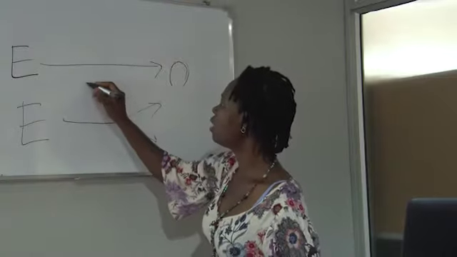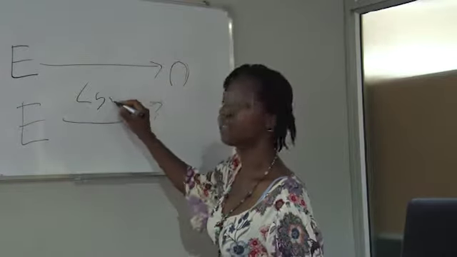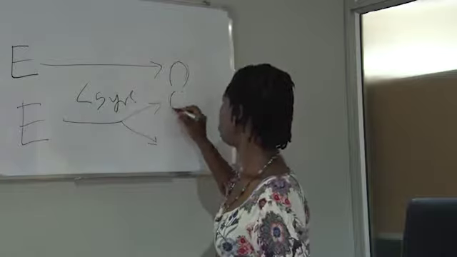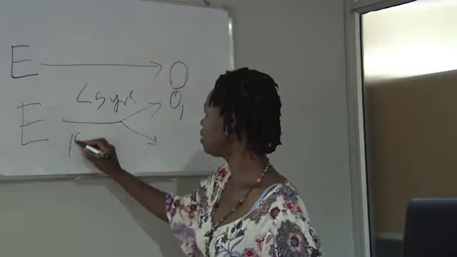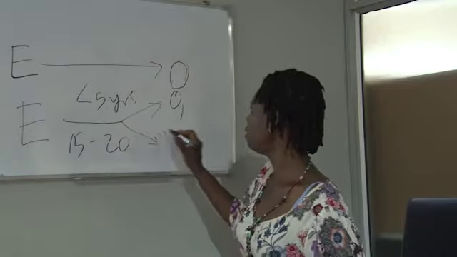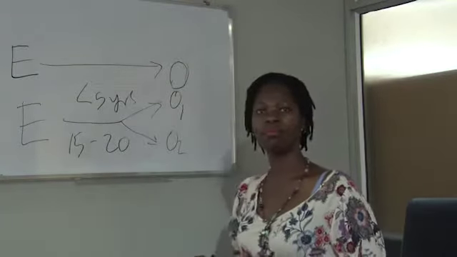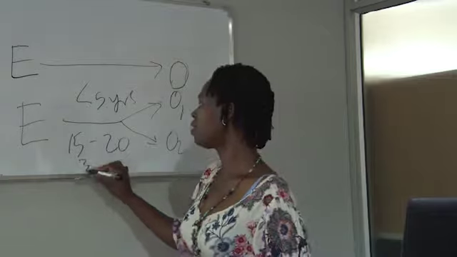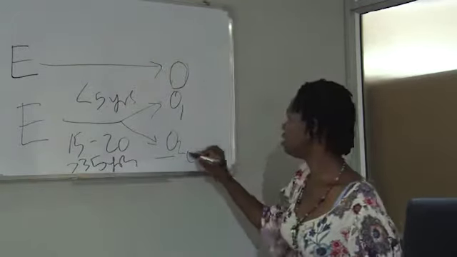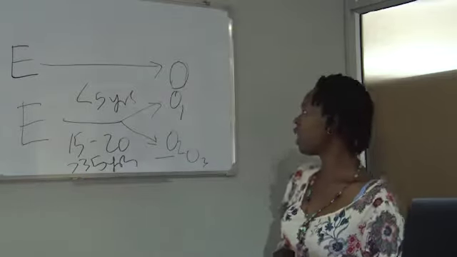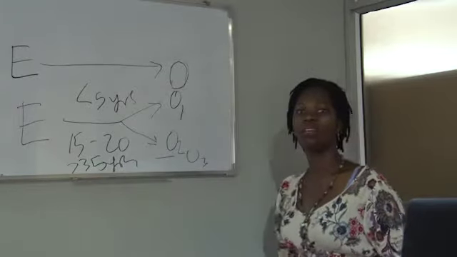We could say the ones less than 5 years, we have a different outcome. The ones that are teenagers, 15 to maybe 20, we have a different outcome. The ones above 35 years, we have a different outcome. So we shall have 3 different effects.